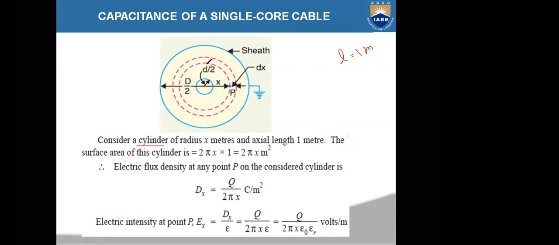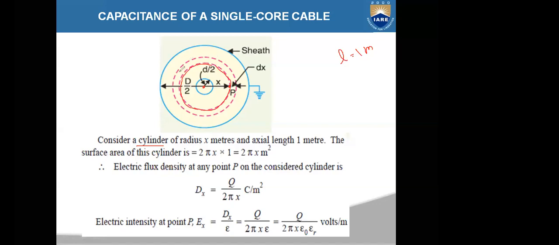Again you consider a small thickness of layer at point P, and point P is at a distance of x meters from the center of the conductor.